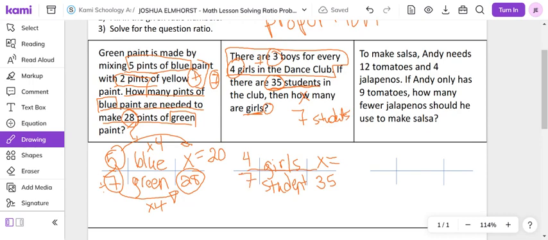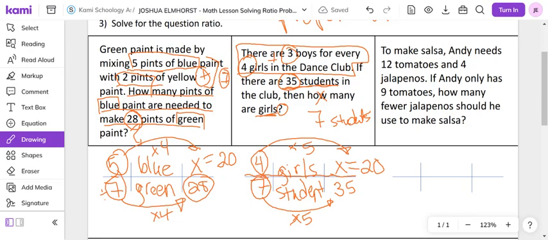So we pull that information out of the context, and then we look across the ratio, between 7 and 35, and if we see a factor, we can use it. So 7 times 5 is 35, 4 times 5 is going to be 20. So that's 20 girls, and then there's going to be 15 boys.